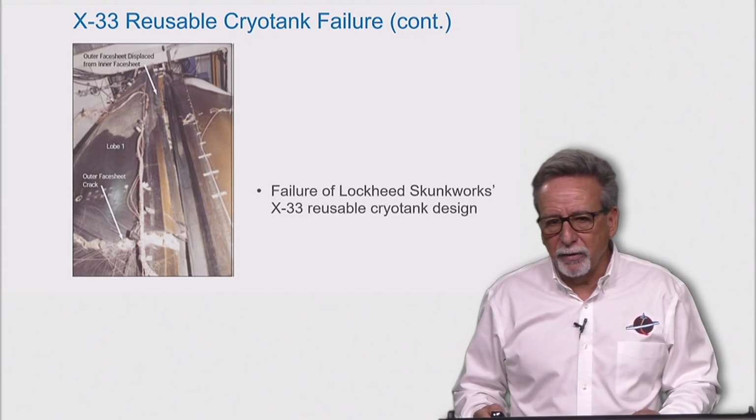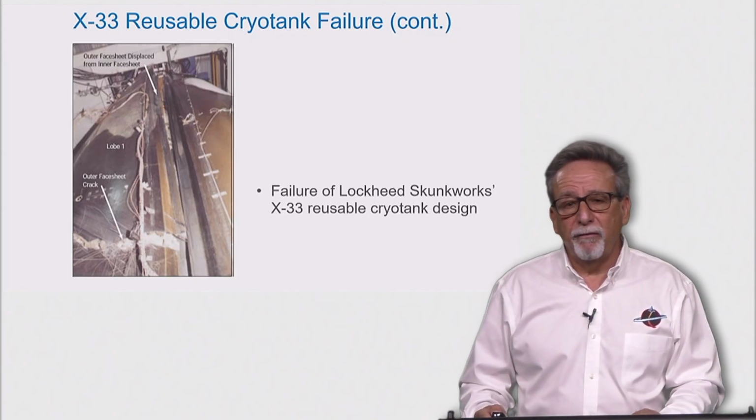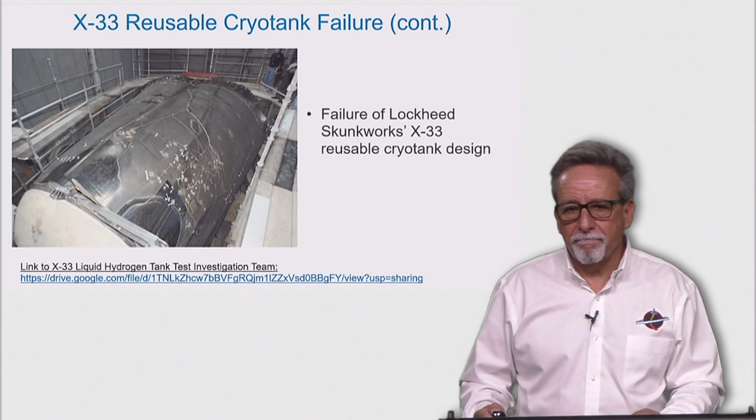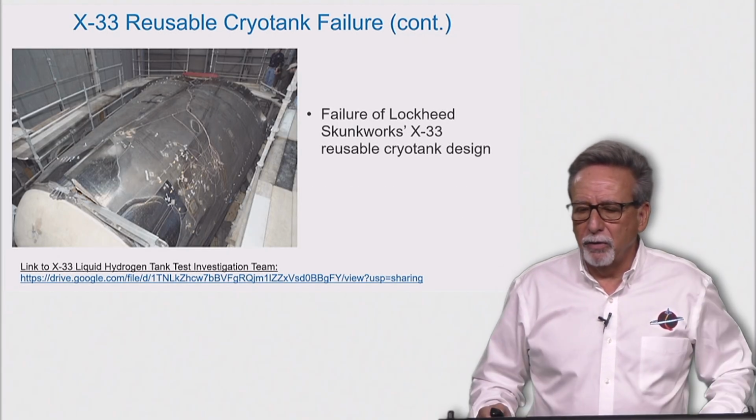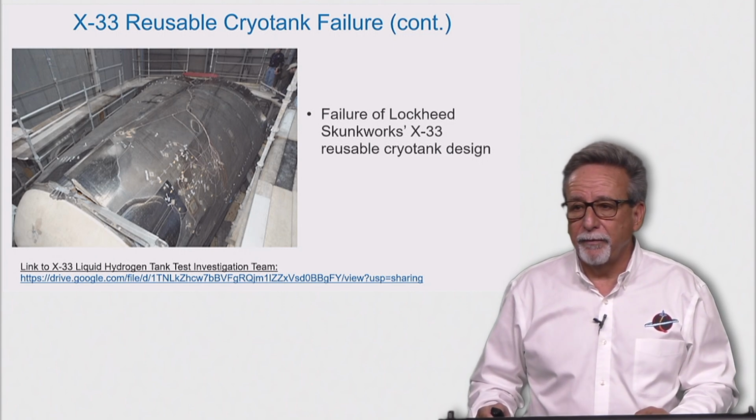I also believe the cause involved arrogance of certain program leads who failed to heed the warnings given during the early design reviews, where this exact mode of failure was pointed out as a potential problem. And this is another view of the failed cryotank, and below is a link to the report of the cryotank investigation team.